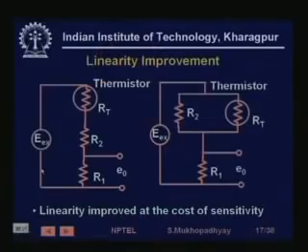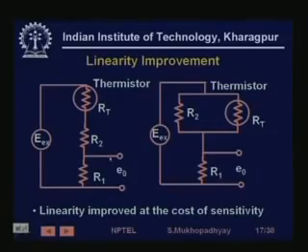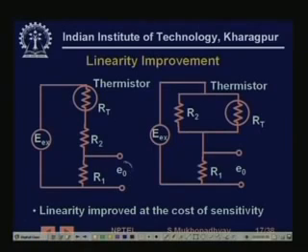You can connect certain amounts of resistances in circuits like this, which are called linearizing circuits, and then tune these R1 R2 values such that over a range this combination, that is this E0, is going to be linear with T. In this equation RT is known, I mean the variation of RT, and R1 and R2 are unknown.